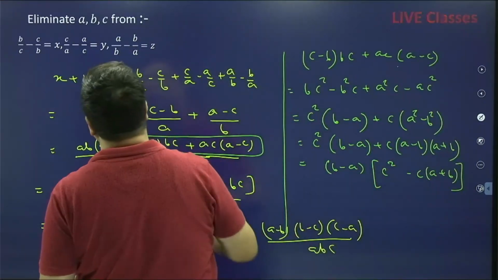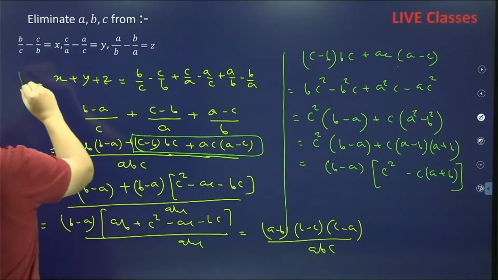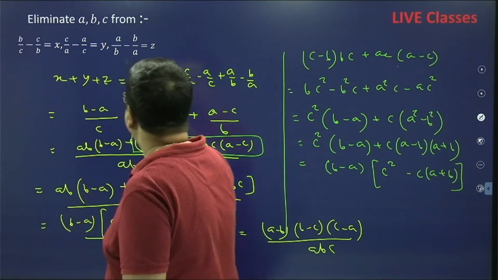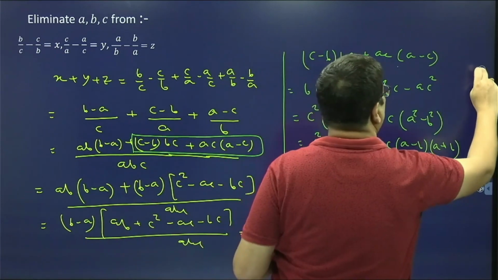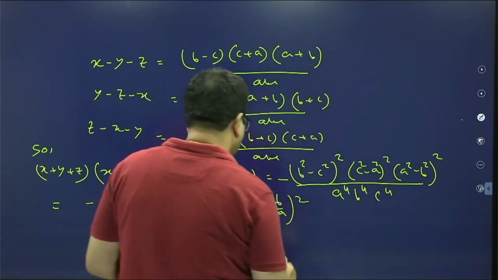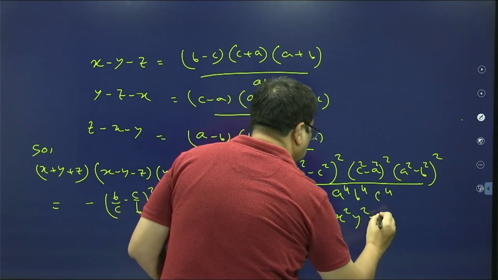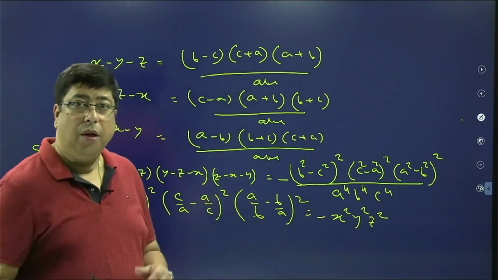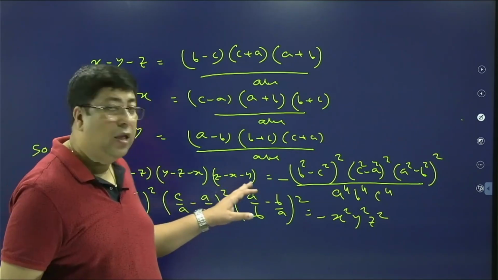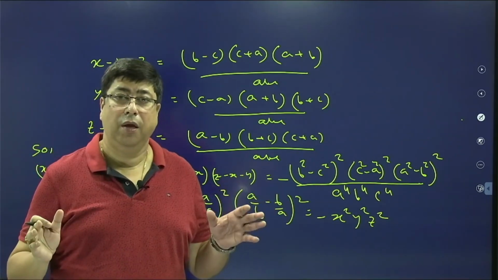So we are seeing that b by c minus c by b equals x, and this is y, this is z. Therefore we reached our conclusion. This is coming minus of x square, y square, z square. So this is the relation between x, y, z by the elimination of ABC.